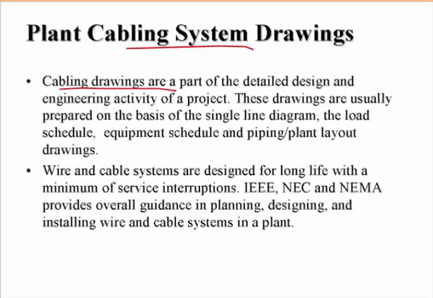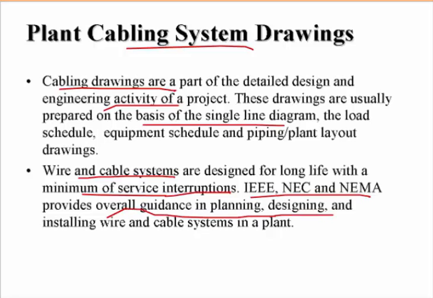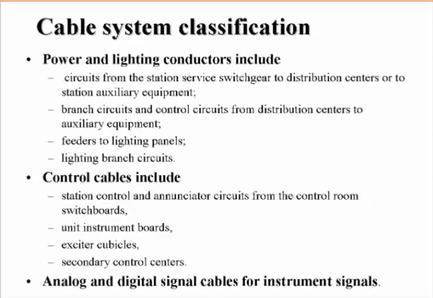Your cable drawings are part of your detailed design and your engineering activity of a project, and they are normally prepared on the basis of single line diagrams, so you use that single line diagram as an input. The wire and cable system are designed for long life with a minimum of service interruptions, and we have specifications that provide overall guidelines in planning, designing and installing of wire and cable systems in a plant. So that's our plant cabling system drawing.